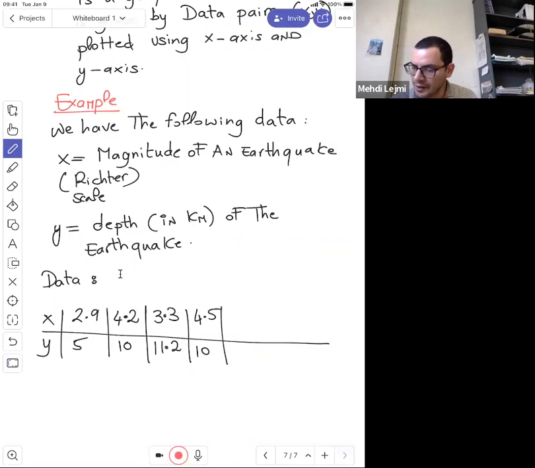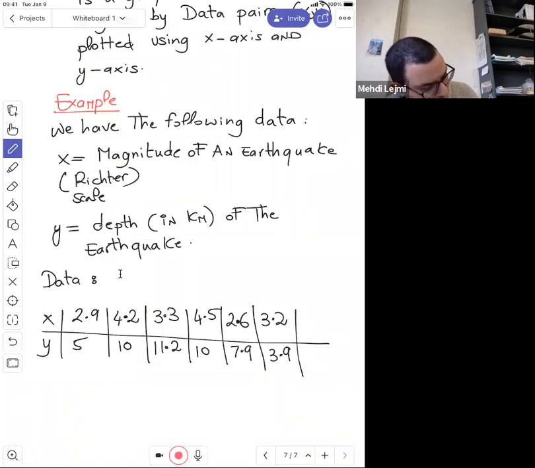Next earthquake, the magnitude is 2.6 Richter, and the depth is 7.9. And then 3.2, the depth is 3.9 kilometers, and finally 3.4, and the corresponding depth is 5.5. Okay.